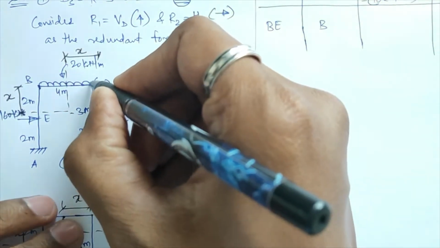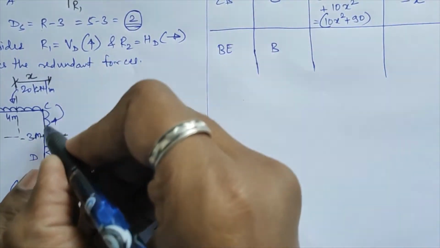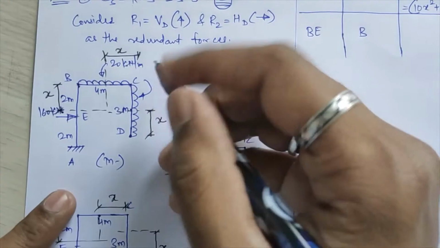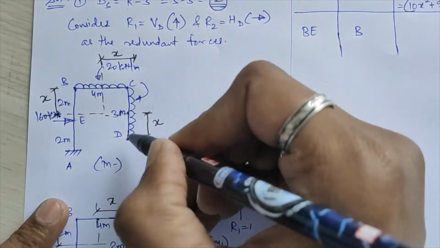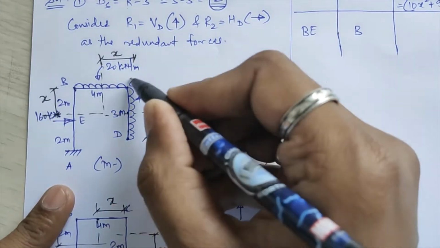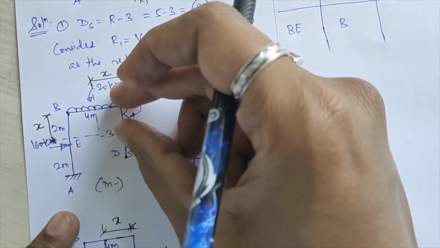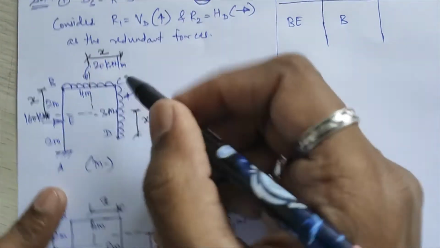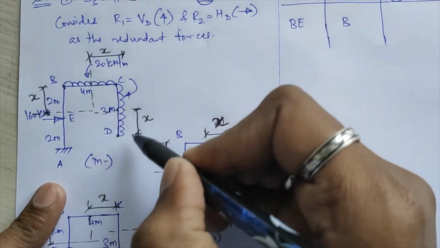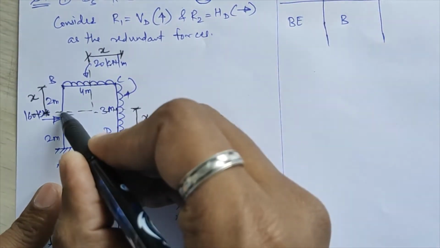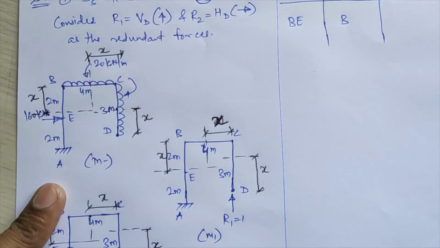So for the first portion we'll see this UDL. The UDL on span CD is given to you as 20 kilonewton per meter, but here along this section this whole UDL will be acting over there. You should not consider only this much part of this section; against that, this CD span UDL is totally acting on this X section that we have selected.